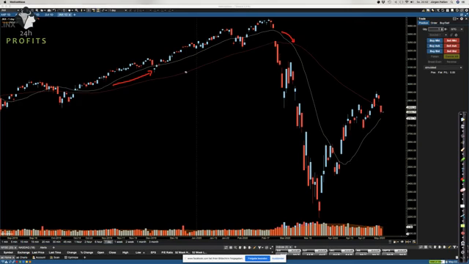Of course, the longer the time frame we choose for these moving averages, the less agile the curve will be. As you can see here, while we have a turning point here for the 20-day moving average, the turning point for the 60-day moving average comes in later.